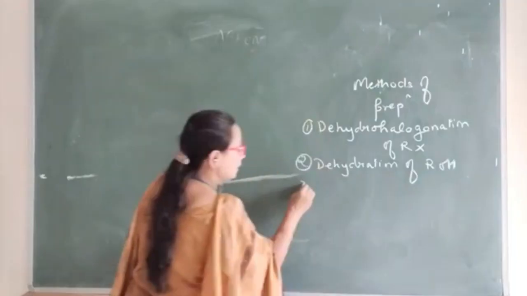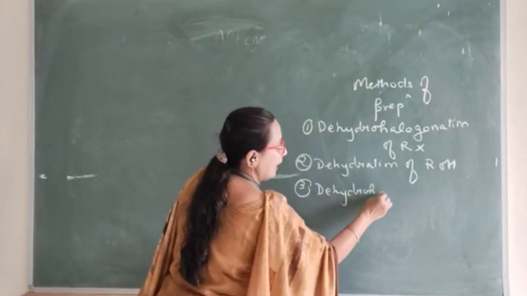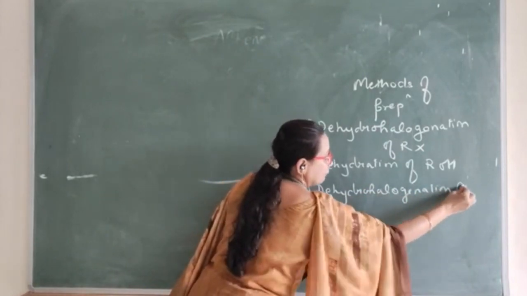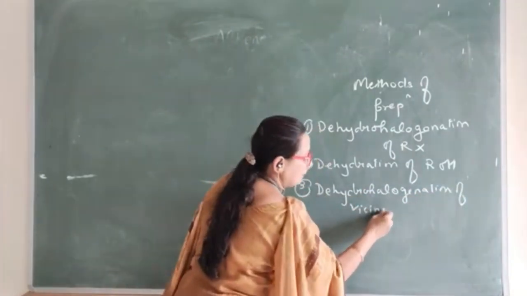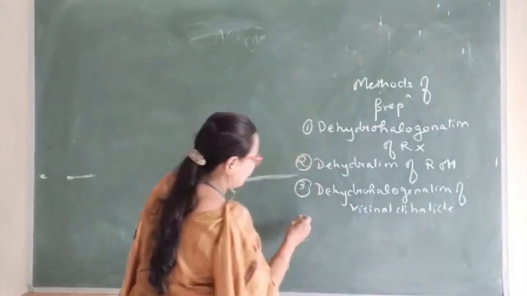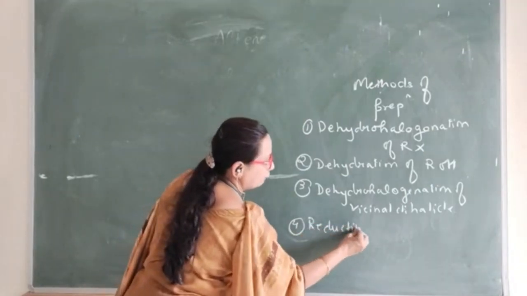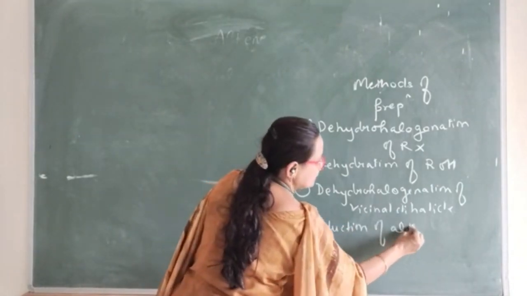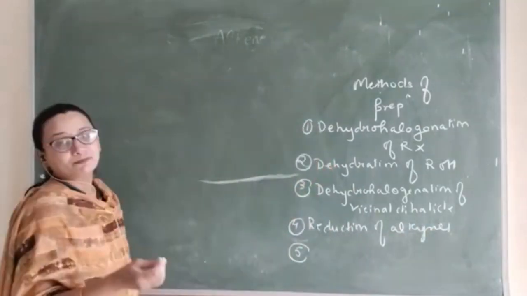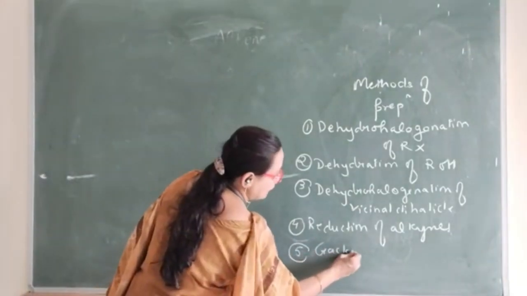The third is referred to as dehydrohalogenation of vicinal dihalide. We also talk about the next method of preparation, which is called as reduction of alkynes. And the last one, which is last but not the least, which is called as cracking of alkanes.